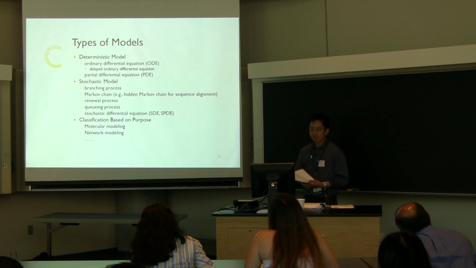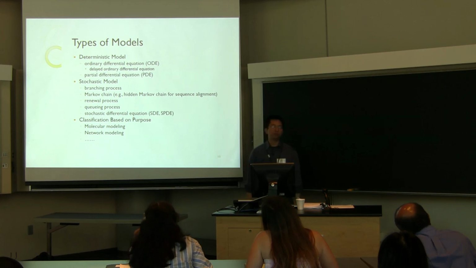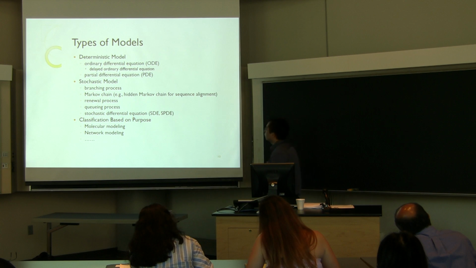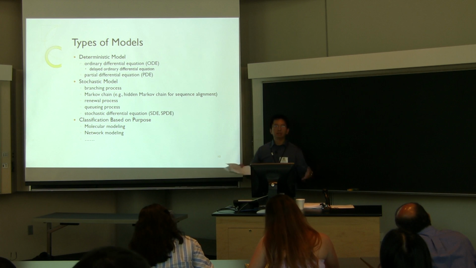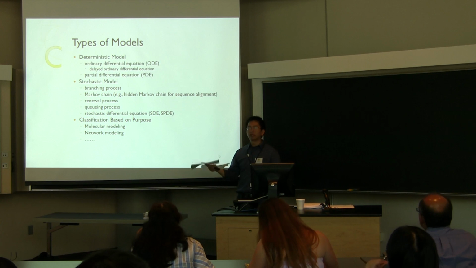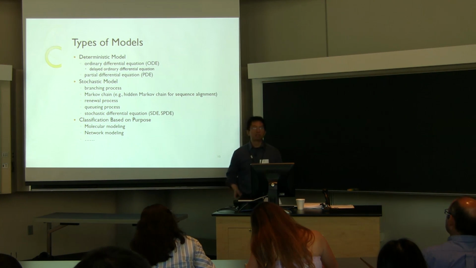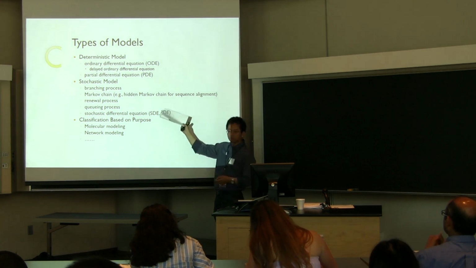For the stochastic models, there are too many different types. For example, the branching process, which was derived in the 40s or 50s, a long time ago, and people wanted to use it to understand the cell cycle.